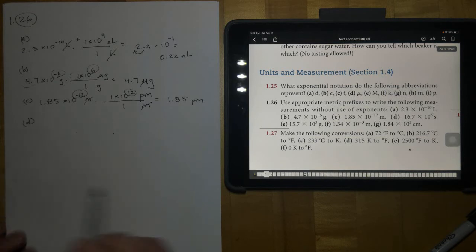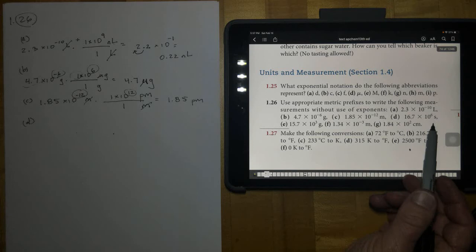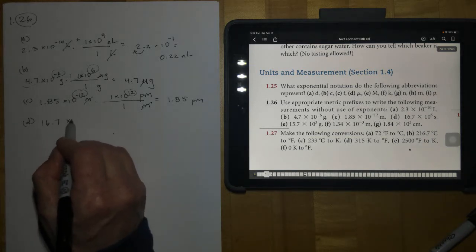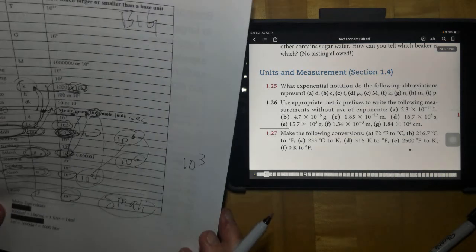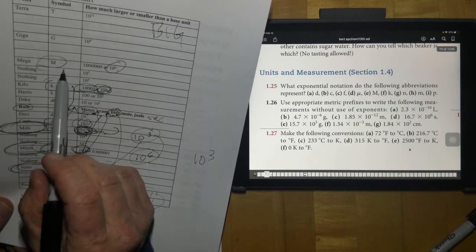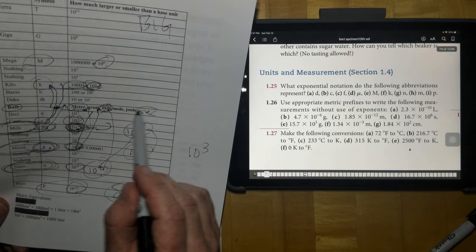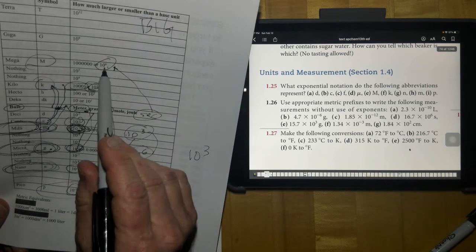Letter D. 16.7 times 10 to the 6th seconds. So if we want to express something times 10 to the 6th, it would be right up here, and that would be a mega. So we're probably looking at megaseconds. And seconds, of course, is a base unit, and there would be 10 to the 6th of the small unit in the big unit.